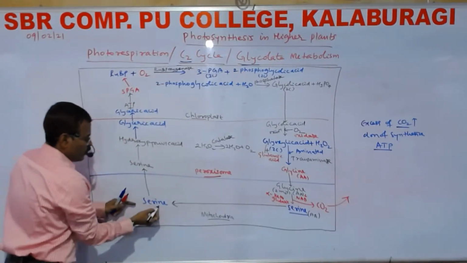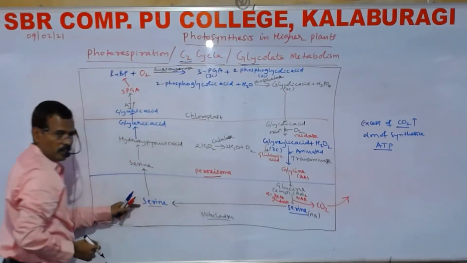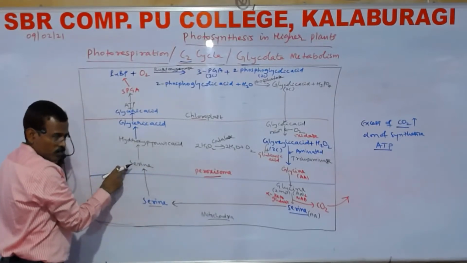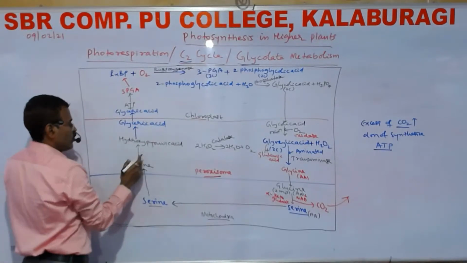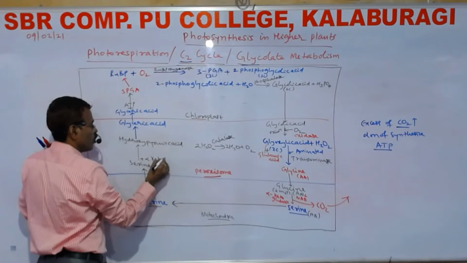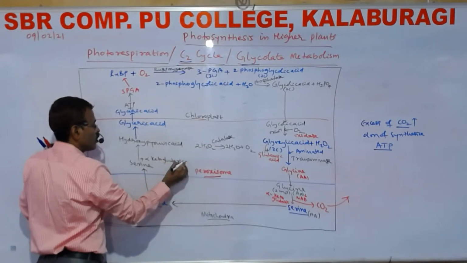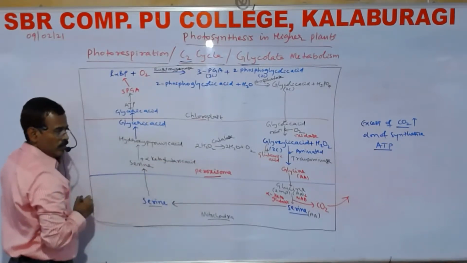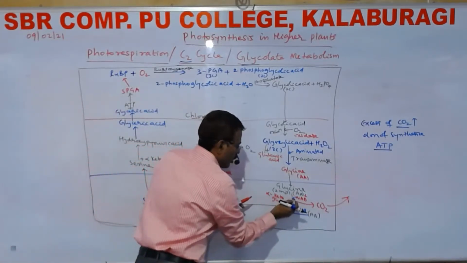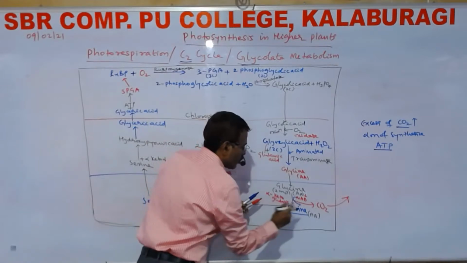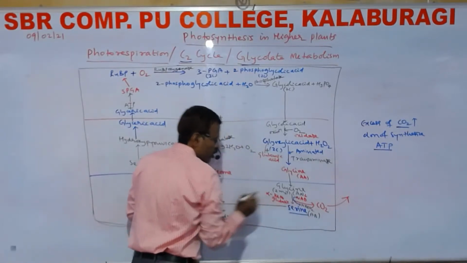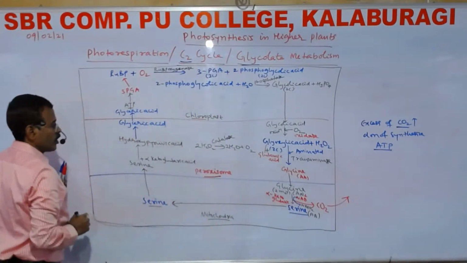So serine, which is produced in the mitochondria, that serine enters the peroxisome. Okay. This serine is going to combine with alpha ketoglutaric acid. Right? So here NAD plus is used, and it results in the synthesis of NADH. Okay.